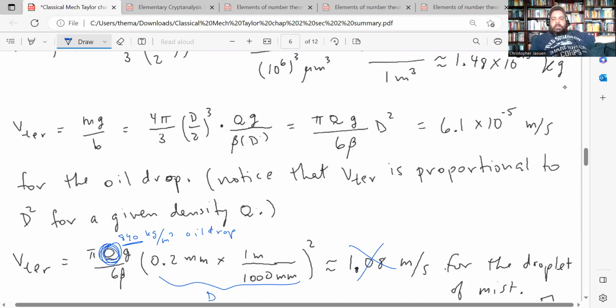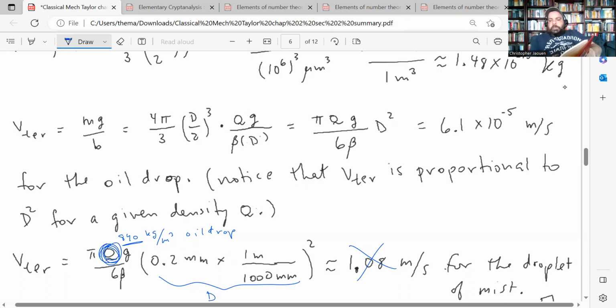So actually, let me see if he has the actual number here in the book. This way you can have the correct number. Where does he have this written? Oh, he does.